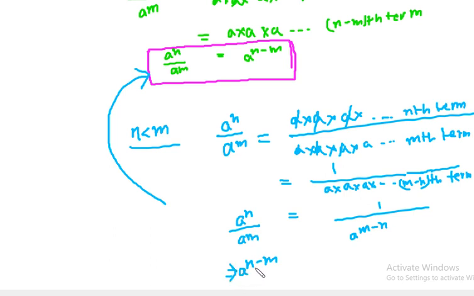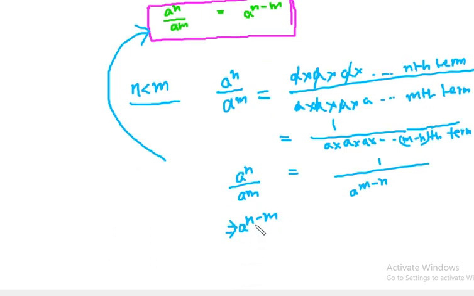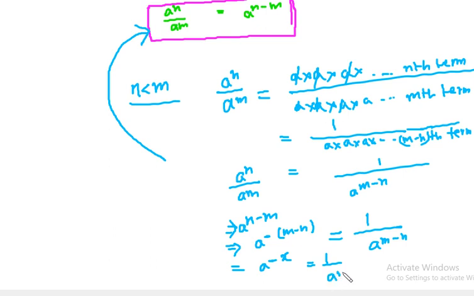But in that case, n minus m would have been a negative number. Why? Because n is less than m. So this would have been a to the power minus (m minus n), with m minus n a positive number. So n minus m can have any value, isn't it? Like 4, 5, this is a bigger number, this is a smaller number. So a to the power any negative number, let us say negative x, is nothing but 1 by a to the power x.